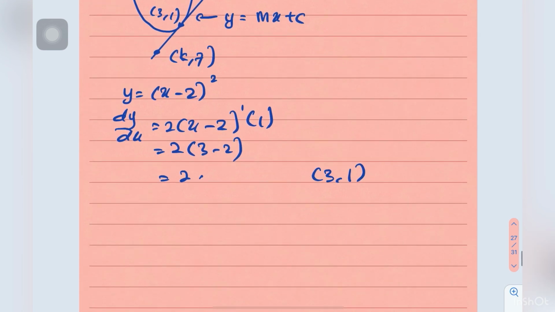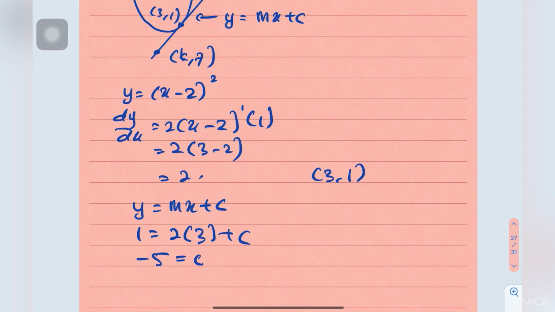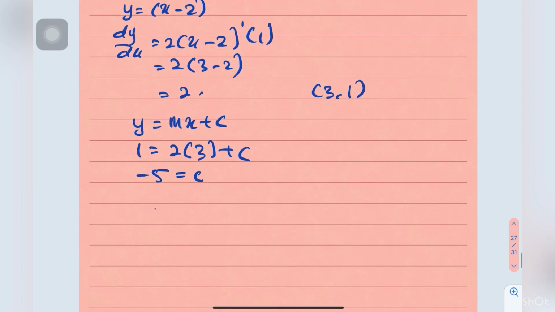At point (3, 1), you substitute into y equals mx plus c. y is 1, m is 2, x is 3, plus c. So c is -5. Therefore the equation of the tangent is y equals 2x minus 5.